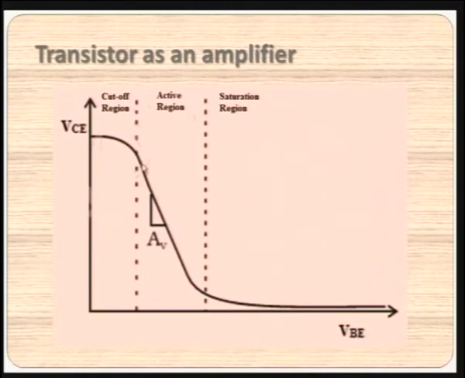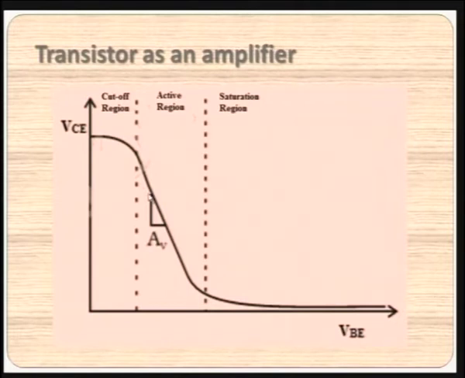In the active region, the transition is happening. When we have a look at the slope of this line in the active region, it has a negative slope. We have in the y value the output and the x value is the input. When we take the slope directly, we will be able to find the voltage gain or voltage amplification.